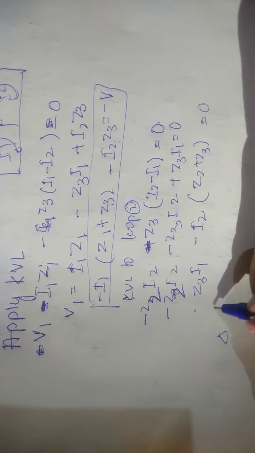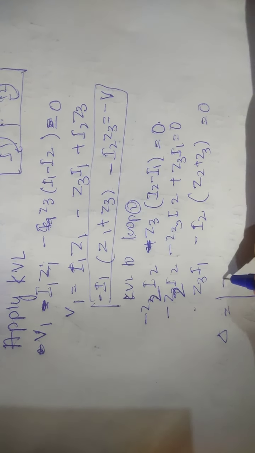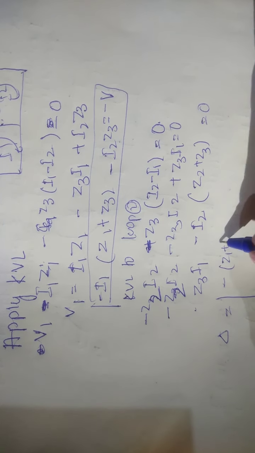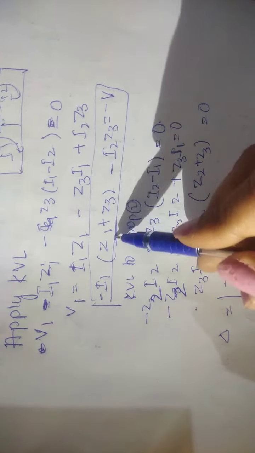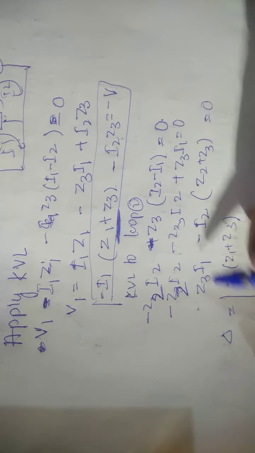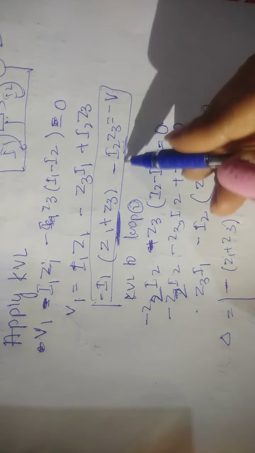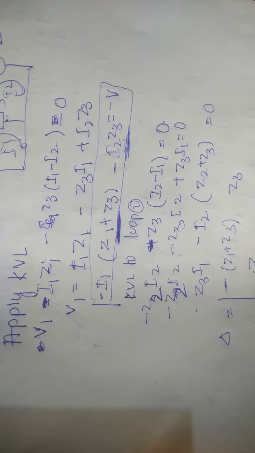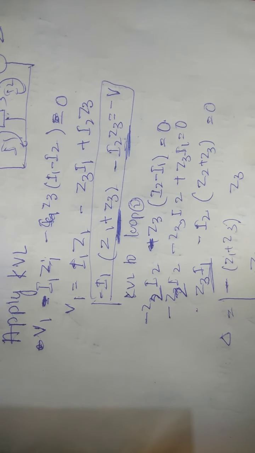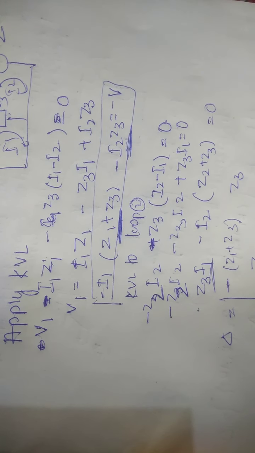Take delta for that: the determinant with Z1 plus Z3, minus Z3, and Z3, minus (Z2 plus Z3).